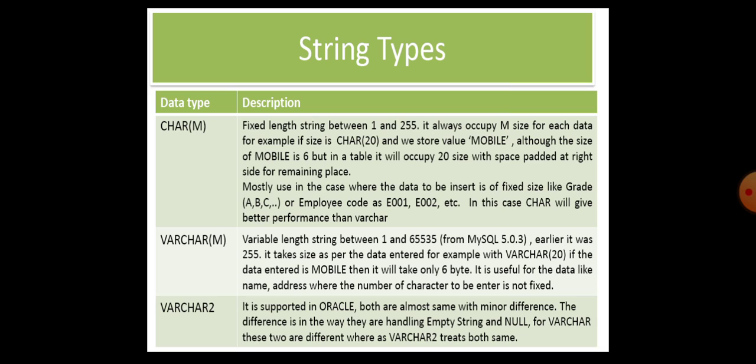For example, if we give the size of varchar as 20 and we try to enter mobile having only 6 characters, the compiler won't add any blank spaces in the unused spaces. It will take only 6 bytes. It is useful for data like name and address, where the number of characters to be entered is not fixed.